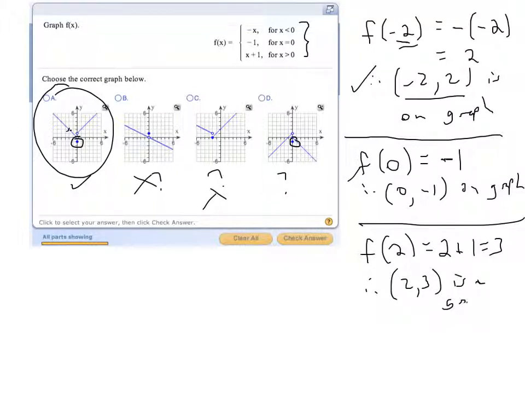This is getting at this fundamental thing I was talking about in class, that putting the number in and seeing the number that comes out of a function is related to the x and y coordinates of the point on the graph. And if we check again, this 2, 3 is about there. Again, it's hard to draw, but it's in that general vicinity. So now I'm very sure that answer letter A is the one that I want.